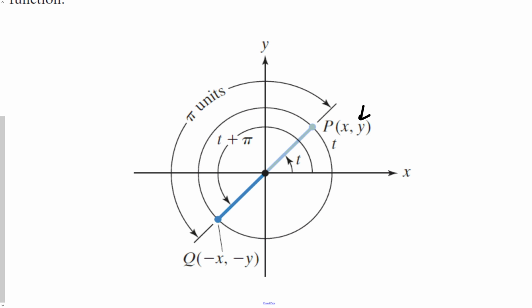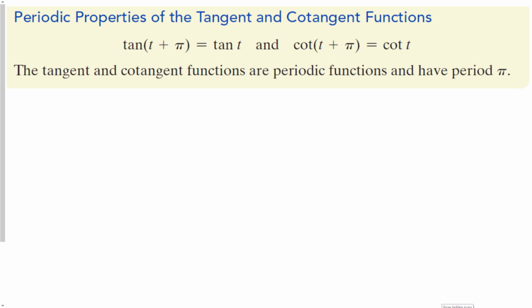However, the tangent is this one divided by this one. So here it's positive as well as here. So that means that the tangent repeats itself every pi units, 180 degrees. Okay? Which makes the period of the tangent and the cotangent function pi instead of 2 pi.